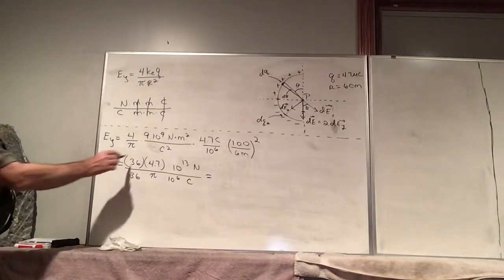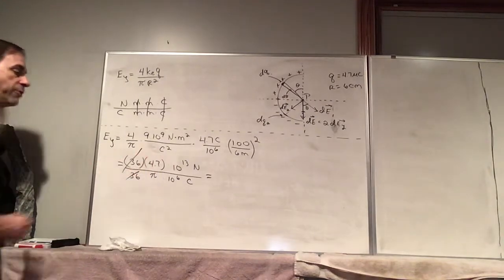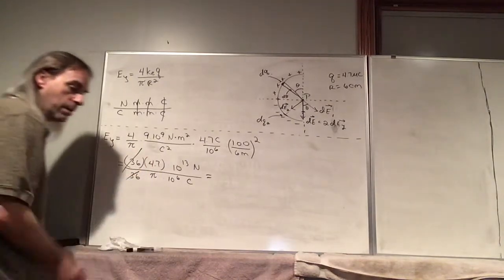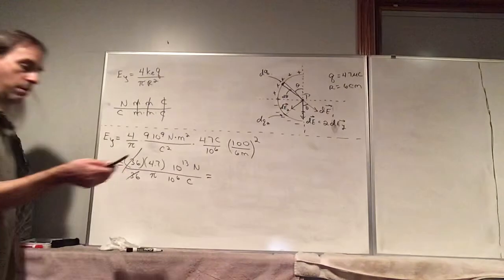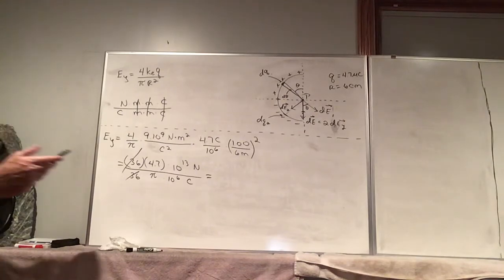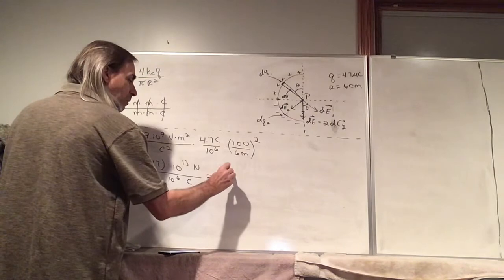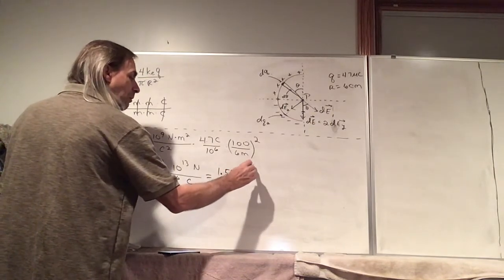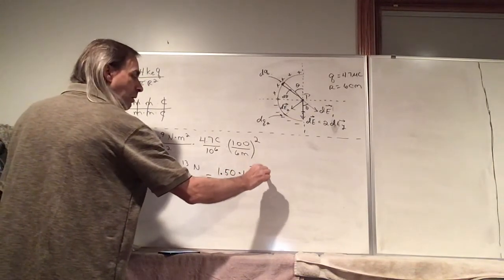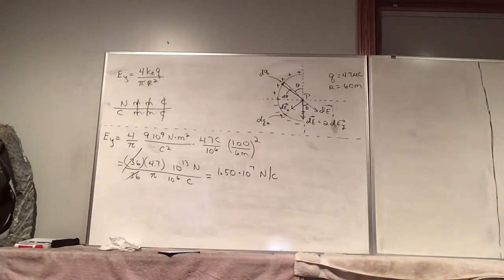And this is going to be in scientific notation. 4.7 over pi, that's just a number between 1 and 10. Yeah, 1.50. And then 10 to the 13 over 10 to the 6 is 10 to the 7th power newtons per coulomb.